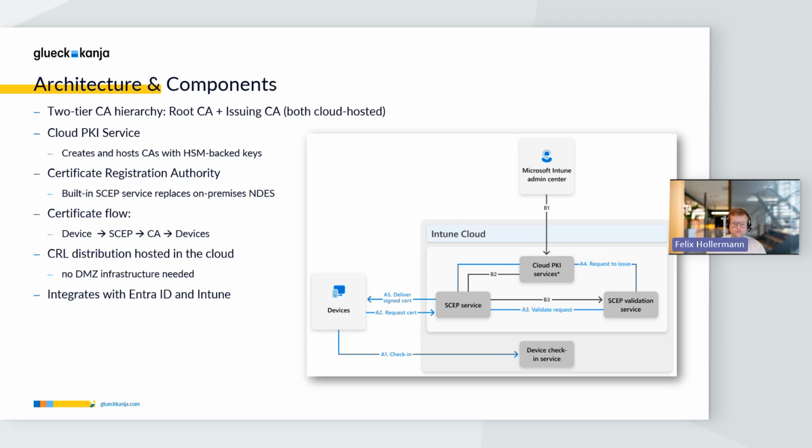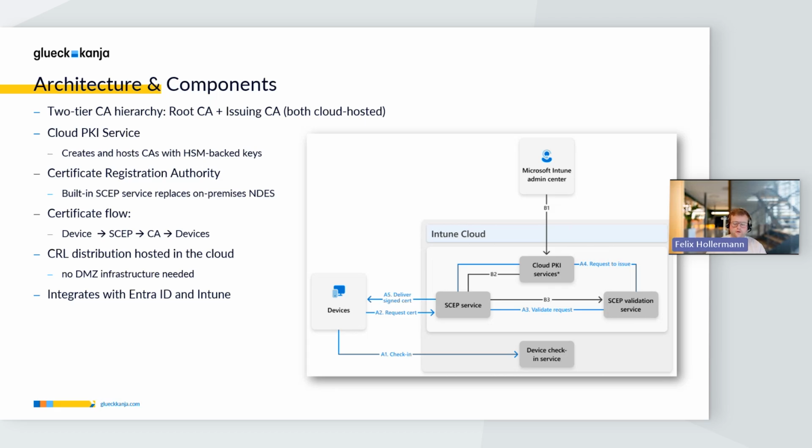This is the part that replaces your on-premises NDES server. And CRL distribution, the revocation list, is also hosted in the cloud, which means you need no DMZ, no reverse proxy, nothing in your network perimeter. The whole thing integrates natively in Microsoft Entra ID and Intune.